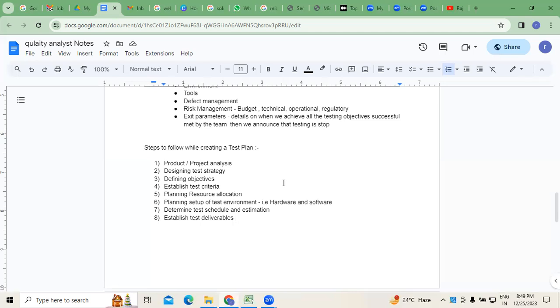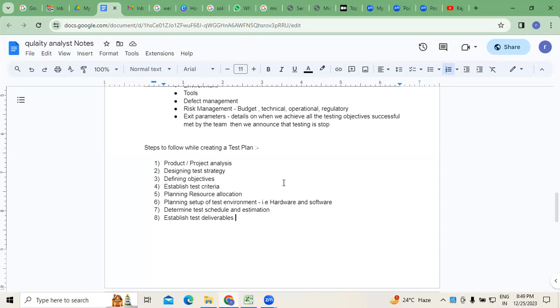Next, planning resource allocation, right? How many resources are required depends on the type of application development model we follow. It can be waterfall, it can be agile, etc. Next, planning the setup of the test environment. What kind of test environment setup is required? It can be hardware, it can be software, all that. Next, we need to determine the test schedule and estimations.